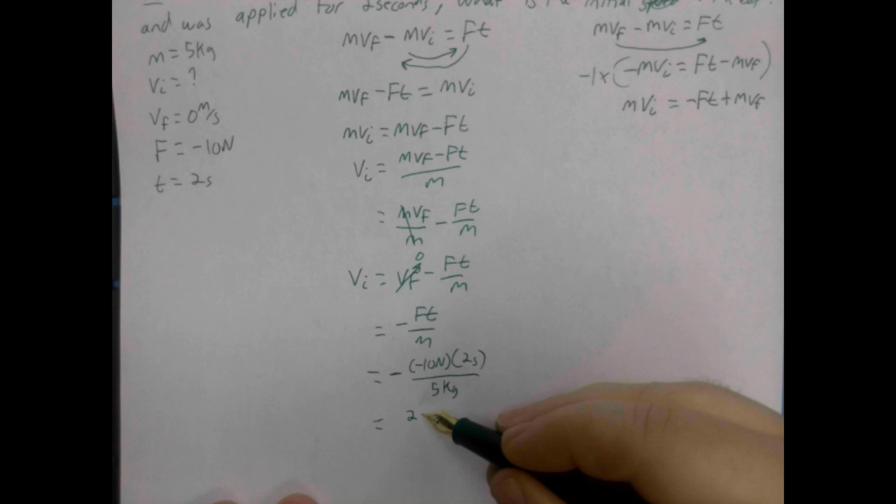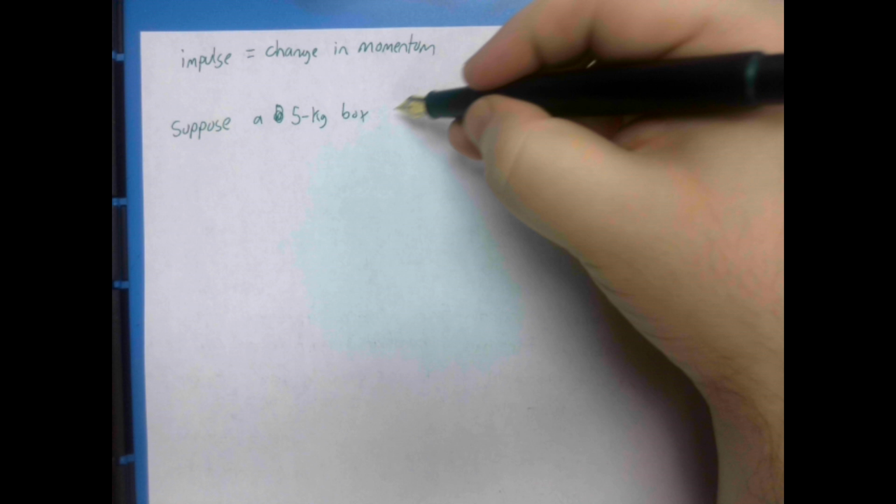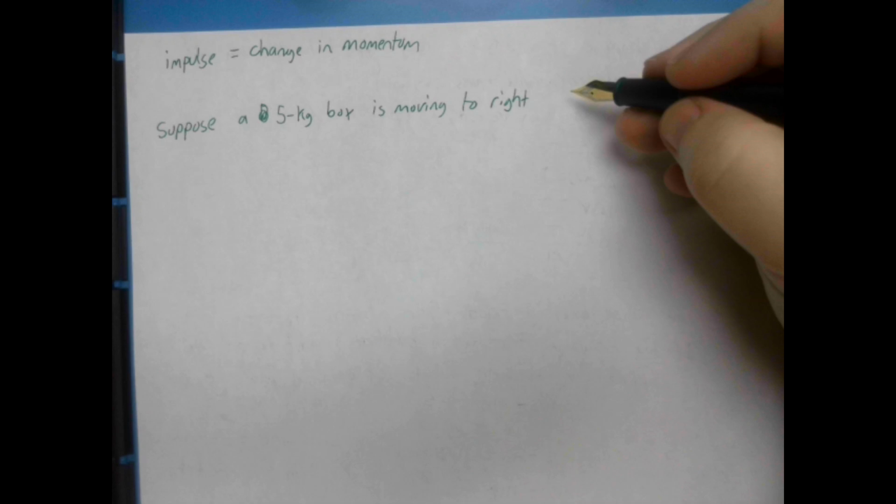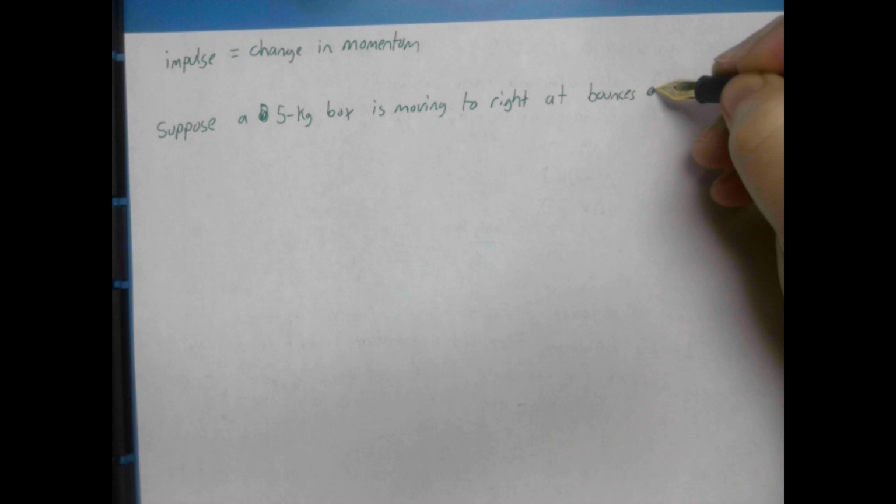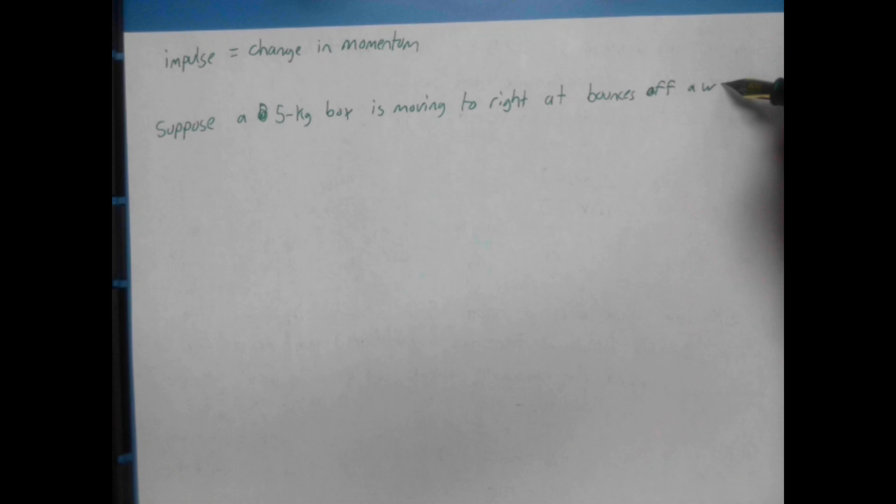Suppose a 5 kilogram box is moving to the right and bounces off a wall and ends up moving to the left.